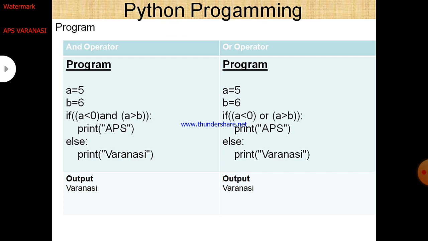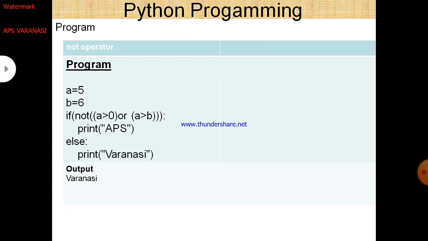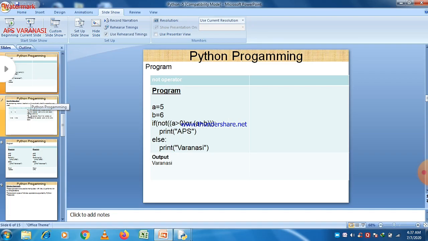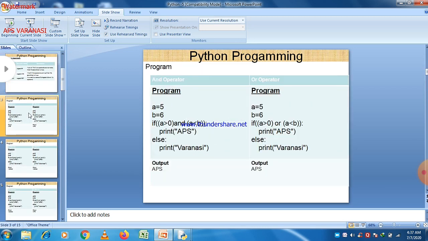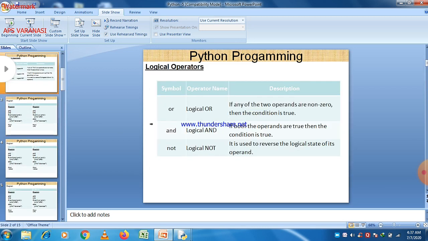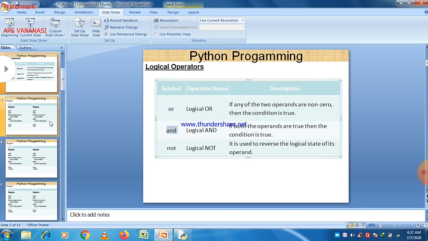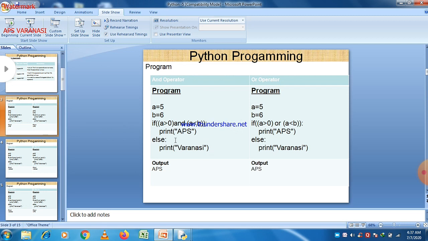This is the second example, again with the difference in terms of and and or. This is the third, which basically negates a statement. Let us go to the original one. This is the original one: the OR operator, AND operator, and NOT operator are the logical operators.